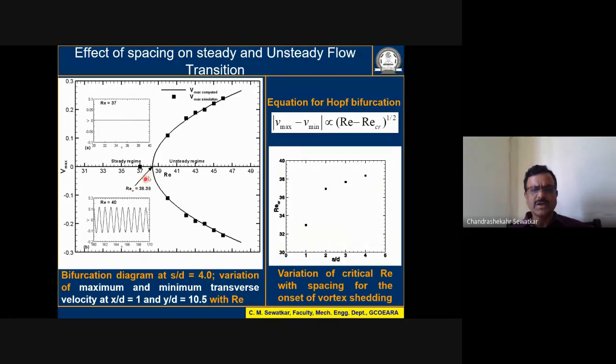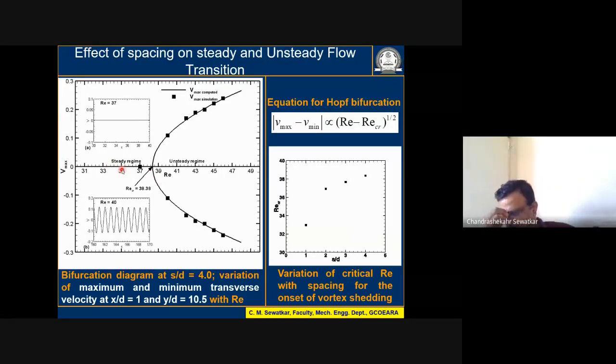The thought process is that below this Reynolds number, the rate of vorticity generation is low, and that vorticity can be transported merely because of diffusion. Vorticity transportation takes place because of diffusion.